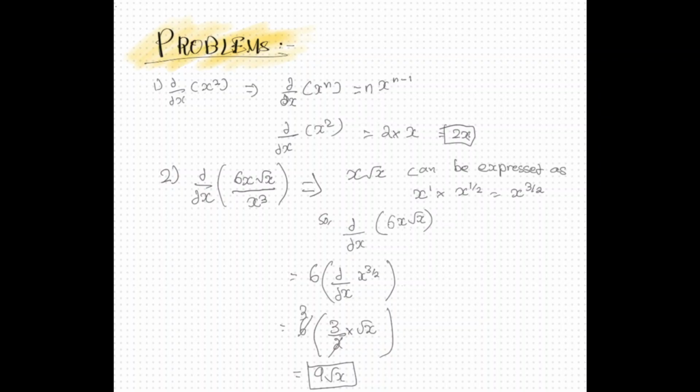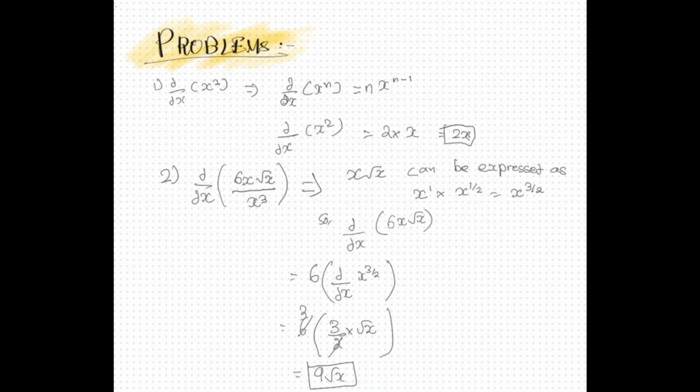Second one, d by dx of 6x root x. Ignore this root x power 3 part, it might be a typo or something. We're only differentiating 6x root x. So x root x can be expressed as x power 1 into x power 1 by 2, which is equal to x power 3 by 2.